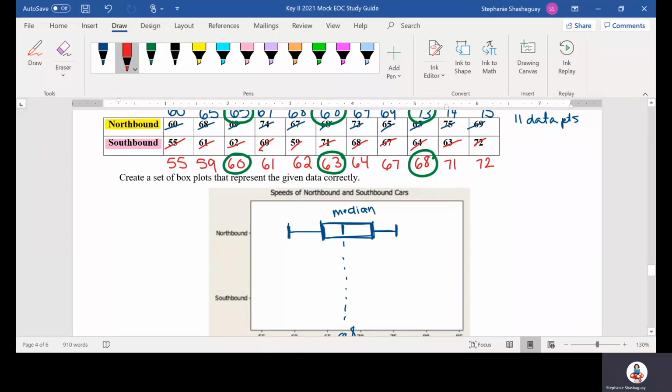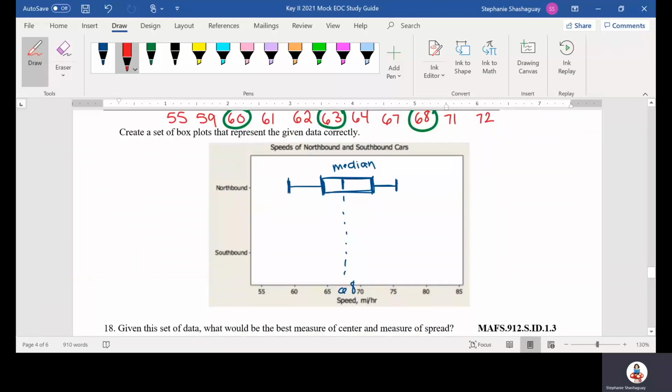So here, my median, sorry, trying to scroll up. Here, my median is 63. Okay, my Q1 is at 60, and my lowest point is 55.